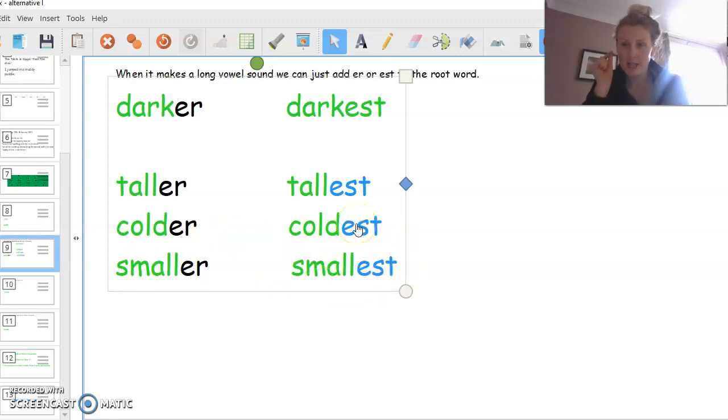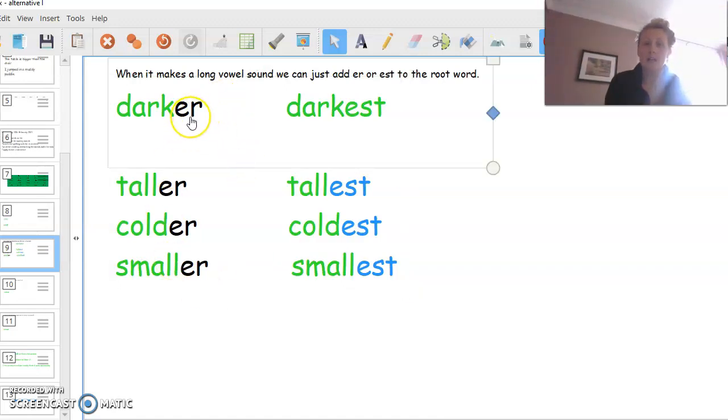Can you hear it when you say the EST suffix? It doesn't sound like est, does it? Tallest. It sounds like ist, coldest. Can you hear that? So when it makes a long vowel sound, we can just add the ER or the EST suffix straight to that word. That's what we can do straight away.